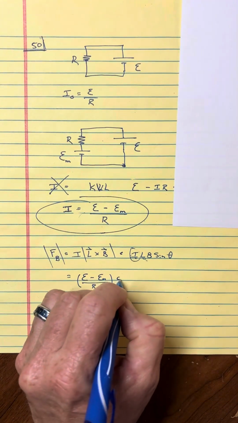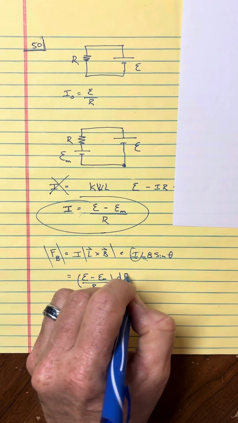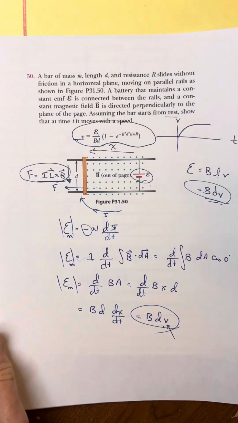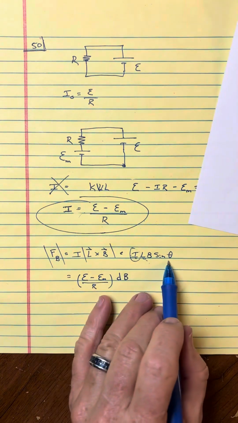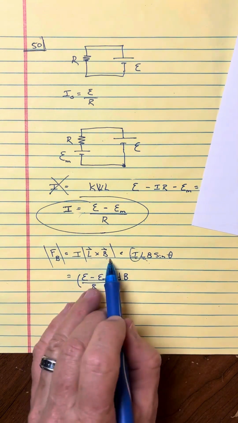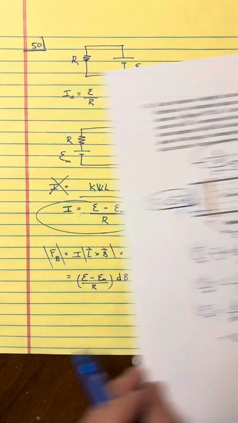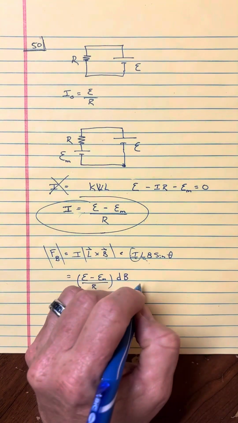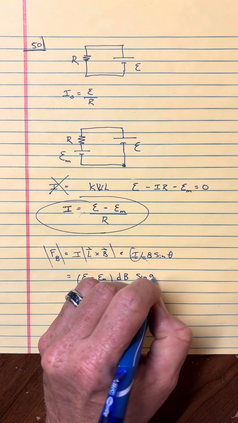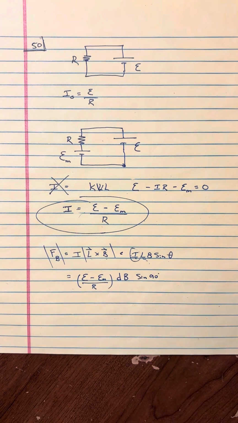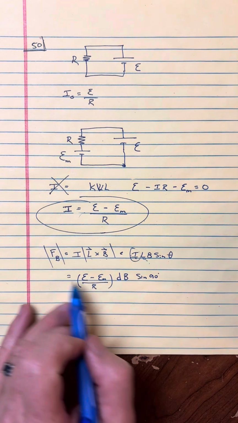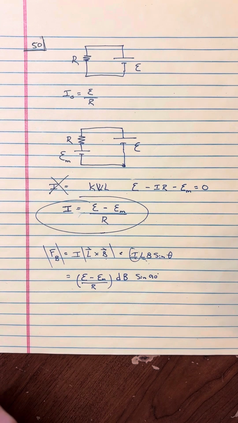So I'll replace that with a d. There's the magnetic field. And the angle is the angle between the current and the field. The current is going down and the field is coming up, and so that's 90 degrees, and so sine is just 1. And that would, of course, equal the force.